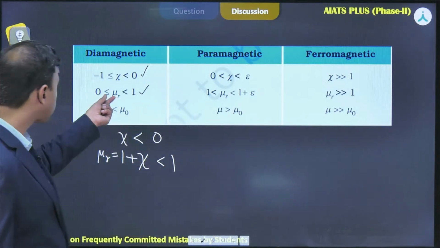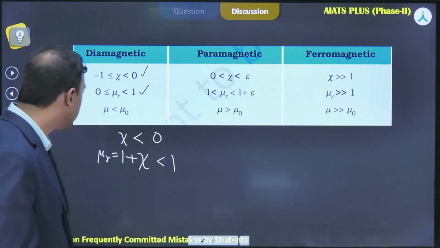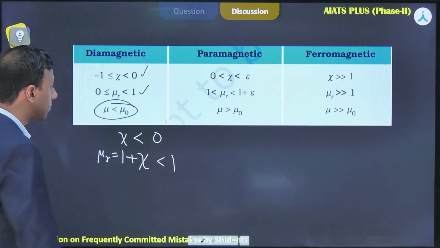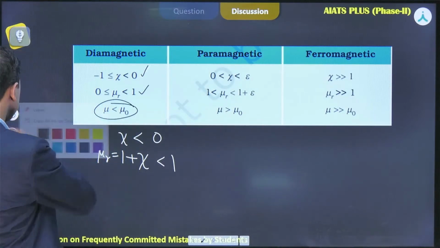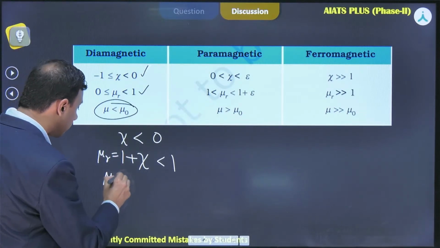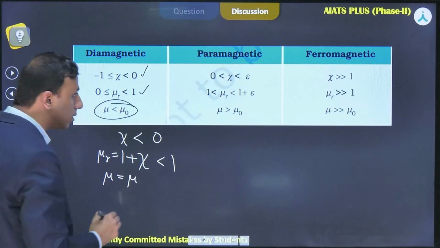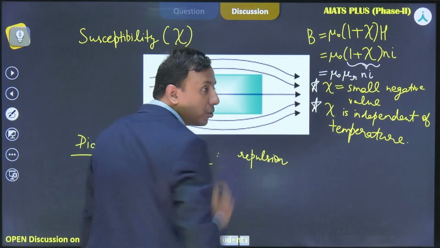And when would that be equal to 0? I will discuss that in a few moments. And what about this one? How did this come about? Why is mu less than mu naught? Let me explain that as well. What was mu equal to, if you remember? Mu equal to mu r into mu naught, isn't it? I just now told you this is your mu.